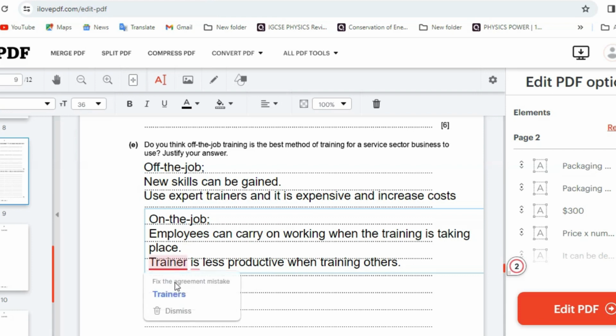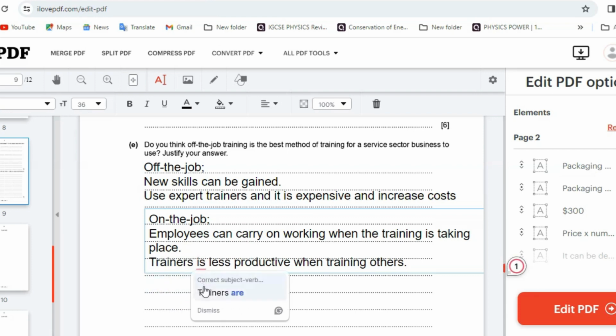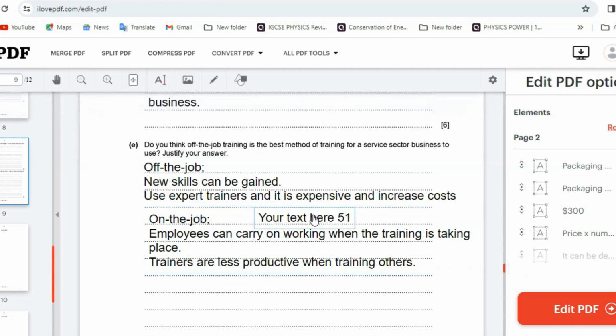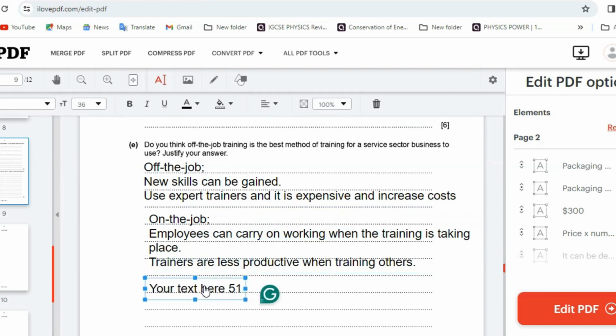Now let us see induction training, the one that is suitable for new employees. Let's write that out also and see our justification. We also have induction training.